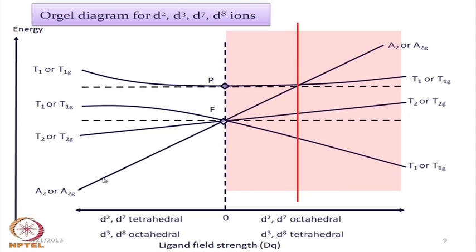These are the levels depending upon the electronic configuration. So, if we have a D3 and D8 electronic configuration with the F term, we can have the transitions from A2G to T2G, A2G to T1G and A2G to T1GP. So, in the electronic spectrum we will find 1, 2 and 3 transitions, which we can predict from the simple Orgel diagram.